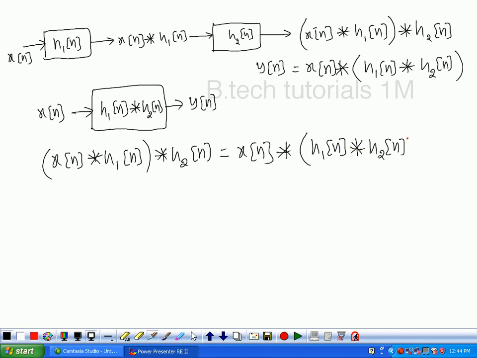So from this we can conclude that when two systems are cascaded, then the impulse response of the overall system is equivalent to convolution between individual impulse responses. Okay. So here this property is the, what is this?